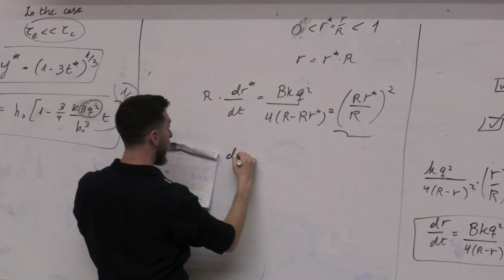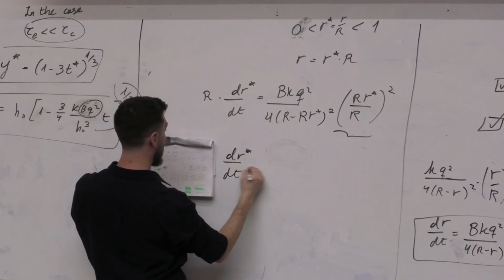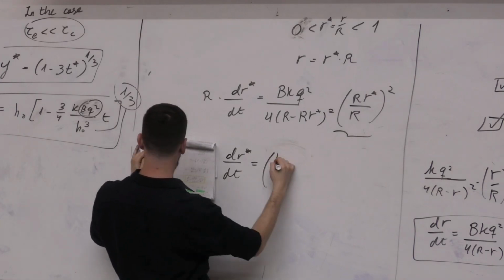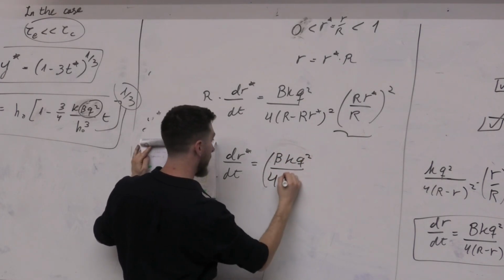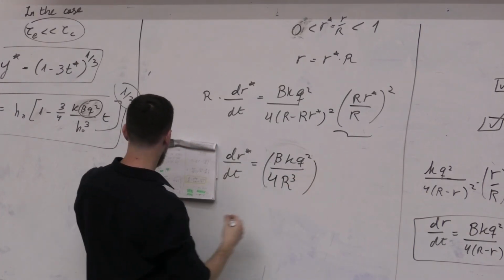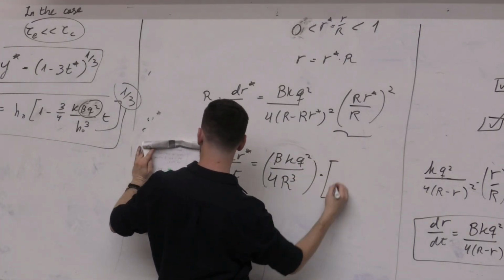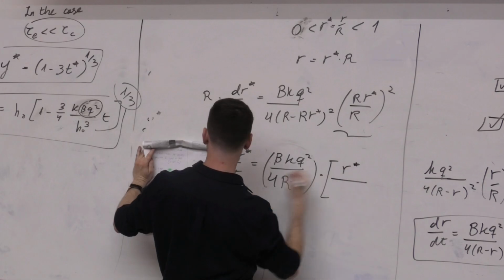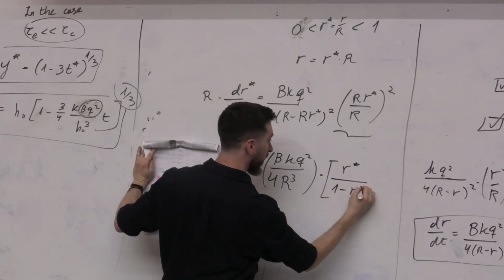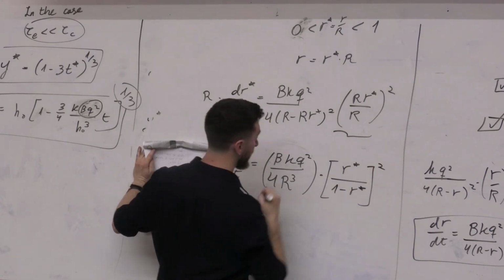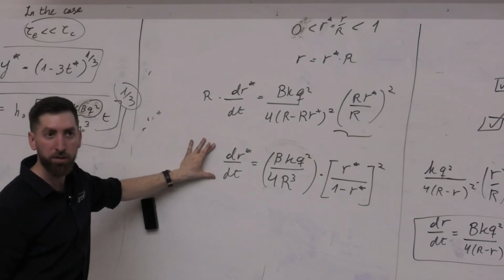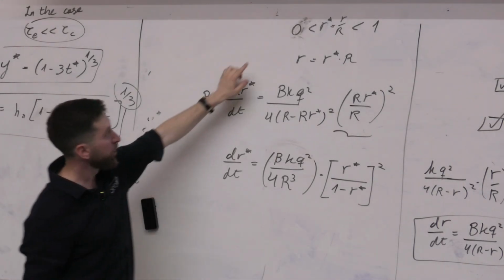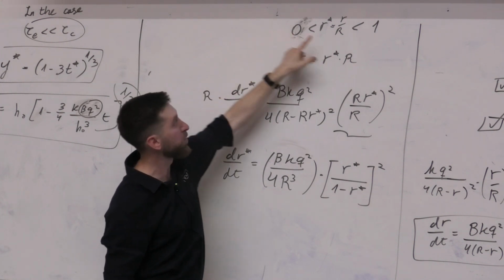So it's gonna be dr star/dt equal to bkq² 4r to the third multiplied by r star divided by 1 minus r star to the power of 2, right? We don't have length in our equation. We simplified it. We are working from 0 to 1.